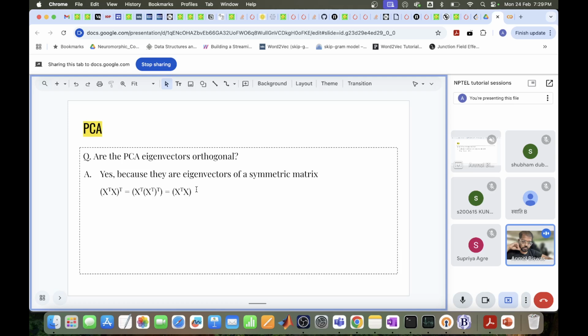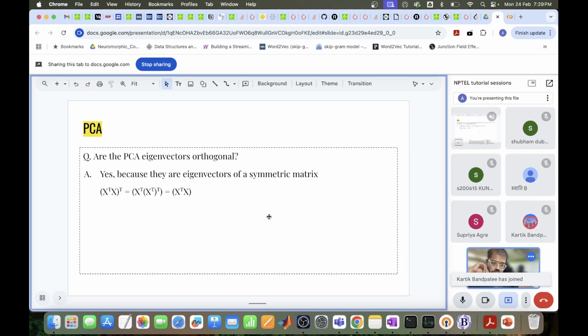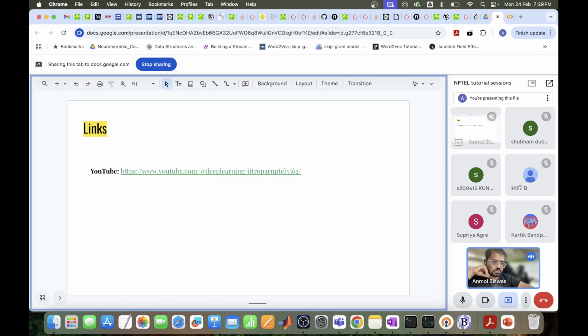You get the same matrix out. So ultimately, the transpose of X transpose X is nothing but X transpose X. So it is a symmetric matrix, which means that the eigenvectors will be orthogonal. This is something we have already seen earlier. So that is the end of the material.